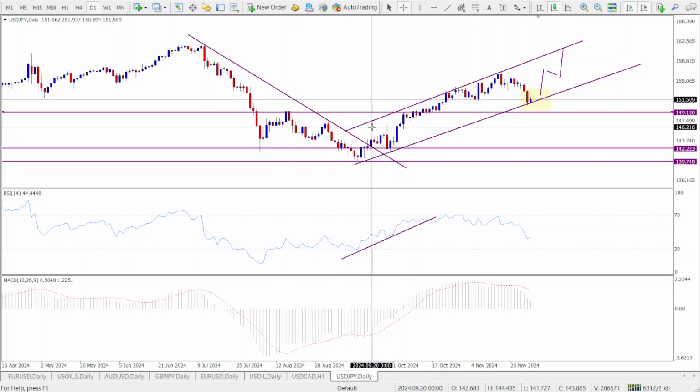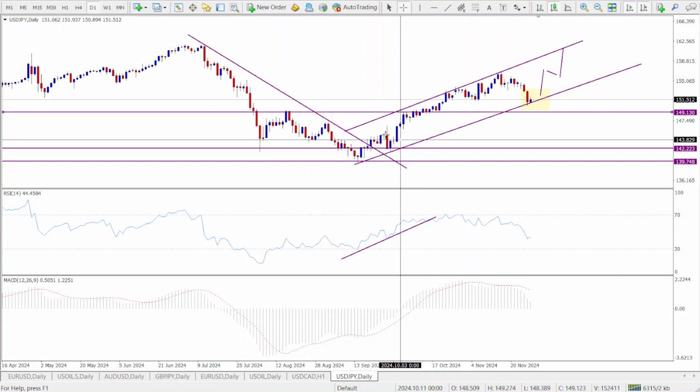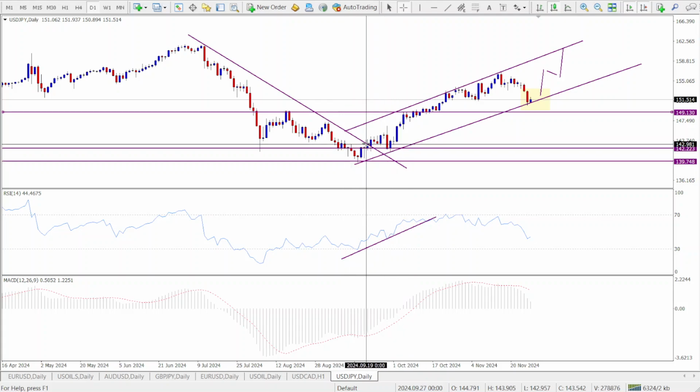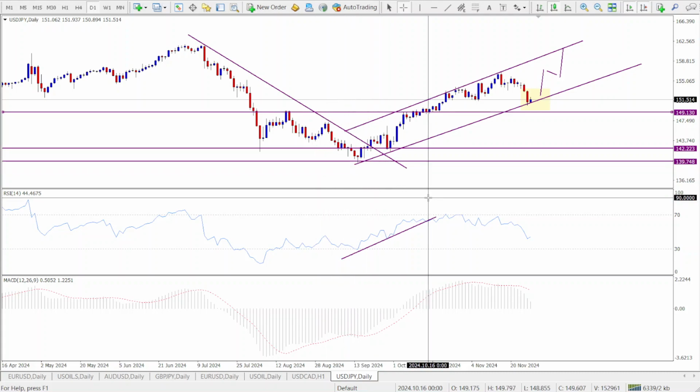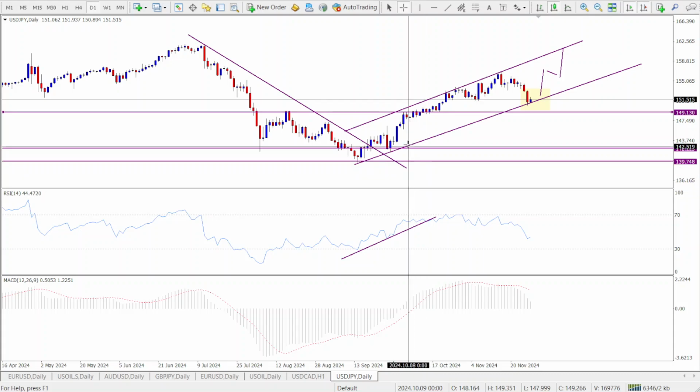So areas where you have significant interest, for example, support is a price level where you have significant buying interest, meaning it's less likely to drop below that point, in as much as support and resistance levels can be broken, right? But you need to understand that those are significant levels of interest, right?